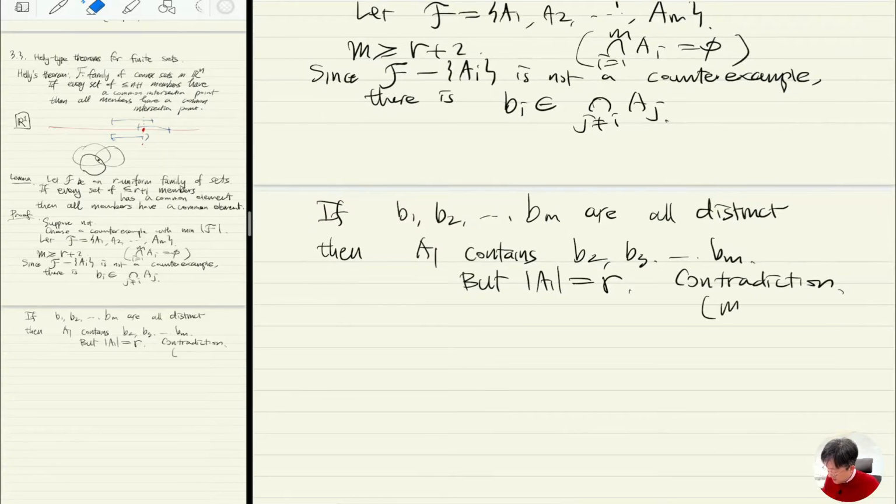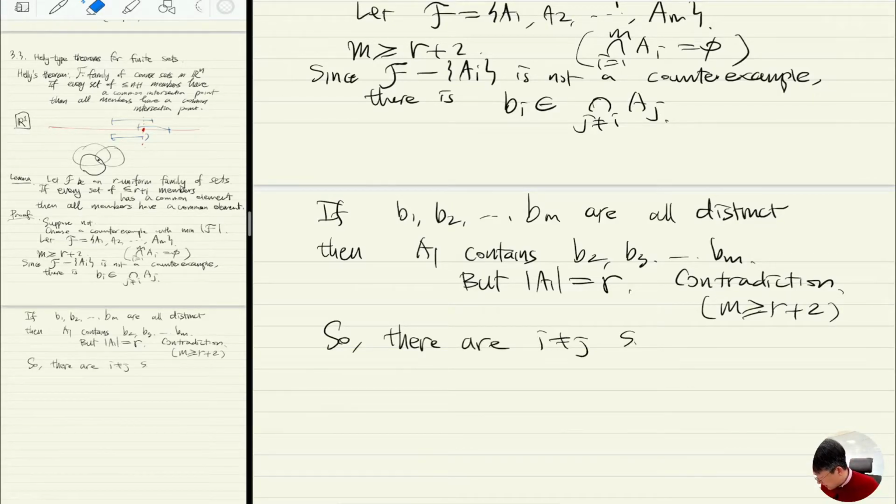Remember, m is bigger than r plus 2. So some of them are equal. So there are i different from j such that Bi is equal to Bj.